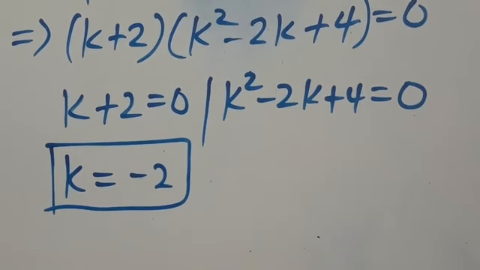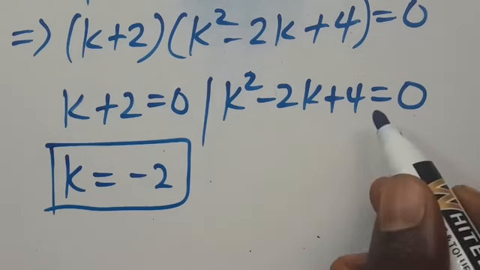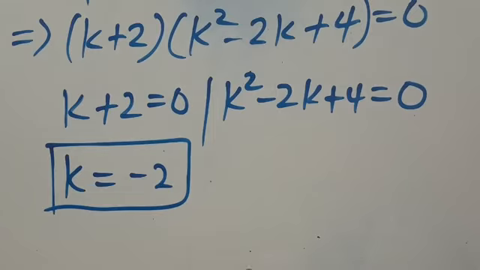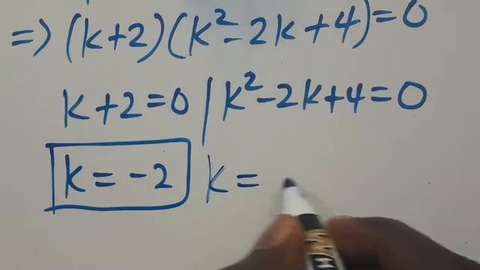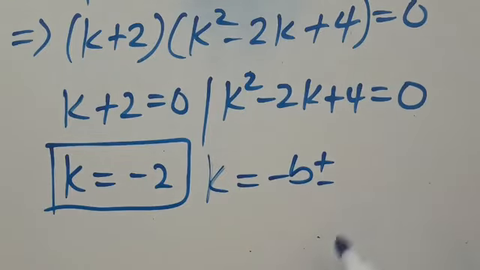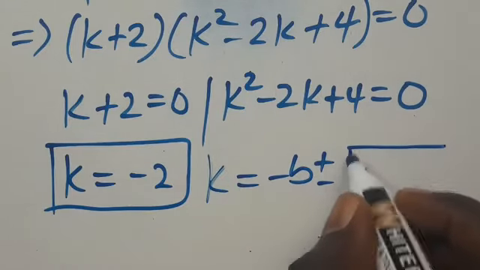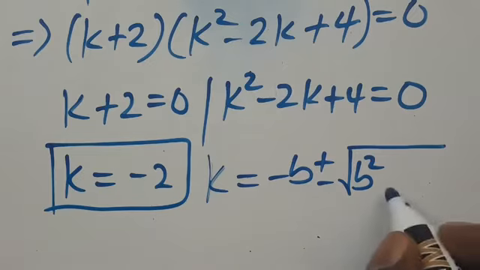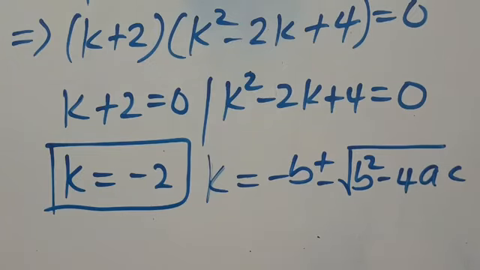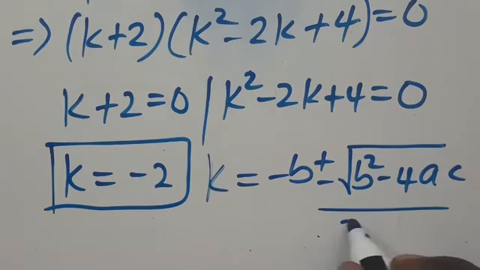Now, from here, this is a quadratic, and we can apply the quadratic formula as k equals minus b, positive or negative, square root of b square minus 4ac, all divided by 2a.